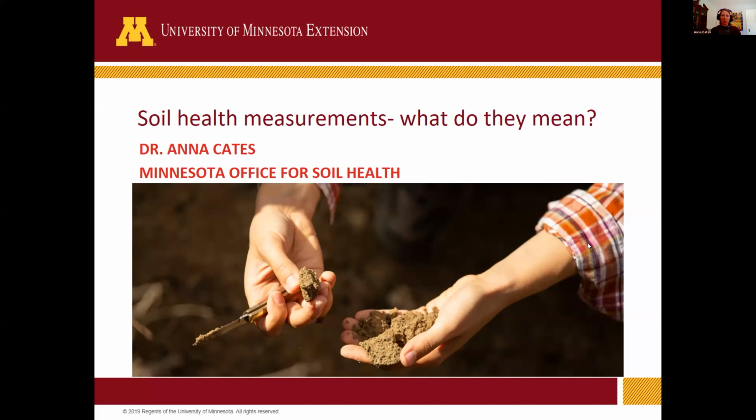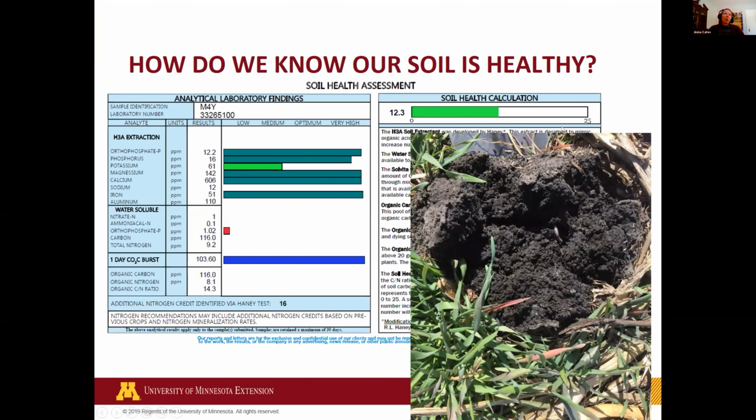So I'm going to go over a few different measurements and essentially the goals we might have for them and how that might affect which measurements we might choose. I put this slide up just to show the range of soil health measurements we might be talking about. Soil health is still a concept. It's not like your nitrate level, where everybody knows what that means in terms of a test.